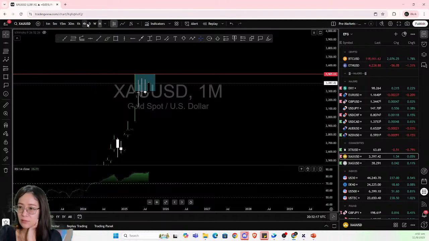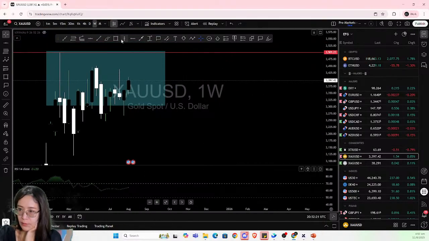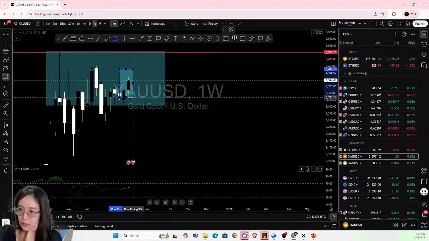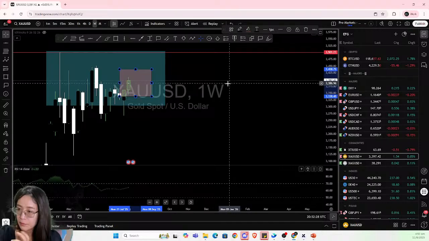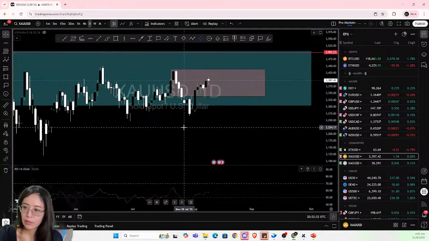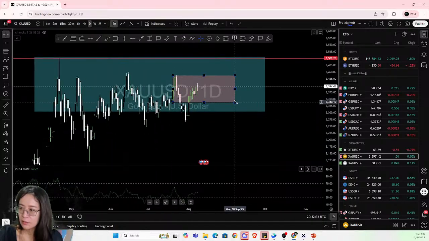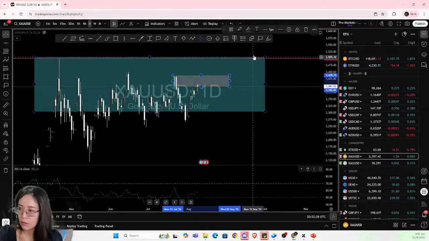Okay, just highlight something like that. Weekly, this is still the supply zone for the weekly time frame. Let's do the multi time frame analysis. Narrowing down, price has gone into our order block here.